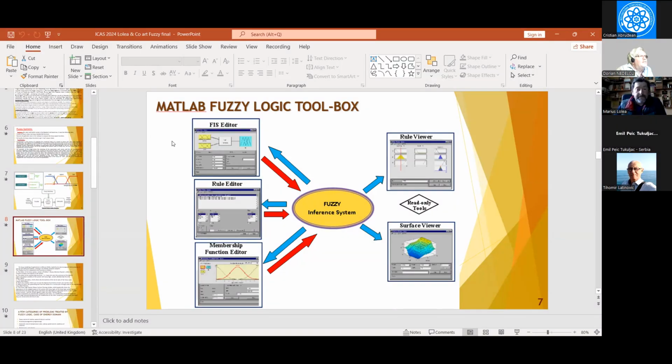After that, we talk about the rules connecting input and output. For example, if the speed is high and the brake is medium, the result for output speed is intermediate or high.